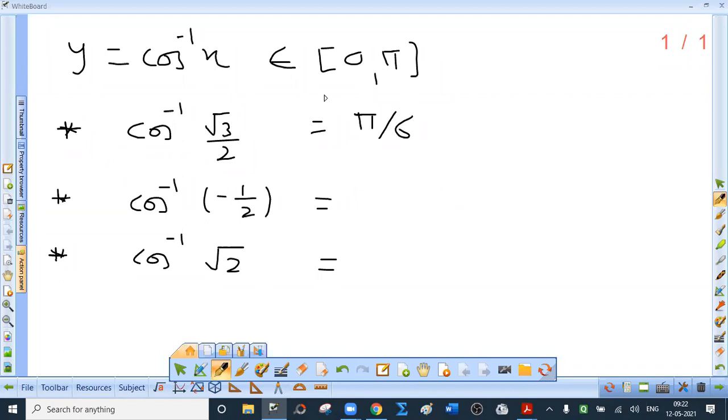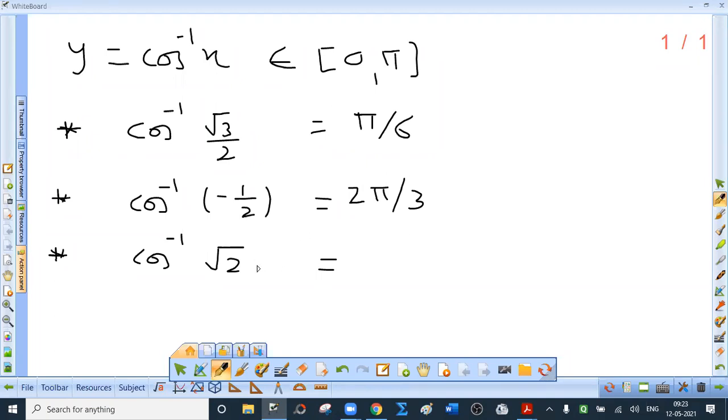So for cos inverse minus half, it is cos of 180 minus 60. That is 120 degrees. What do you mean by 120 degrees? It is 2 pi upon 3 radian. See whether 2 pi upon 3 belongs to this interval or not. Yes, it does. So cos inverse minus half is not minus pi by 6, it is 2 pi by 3.